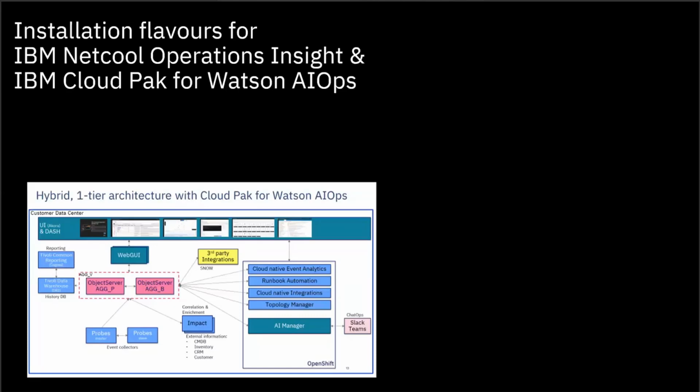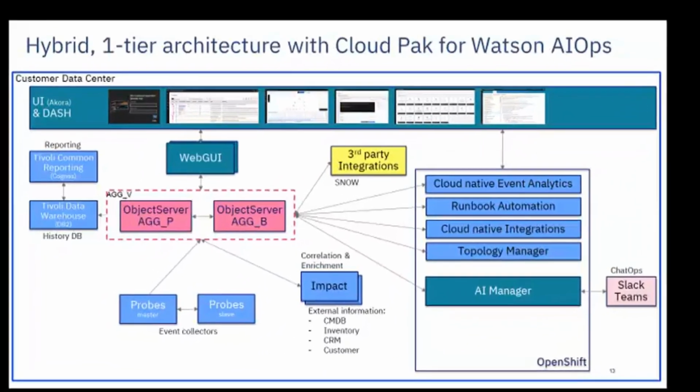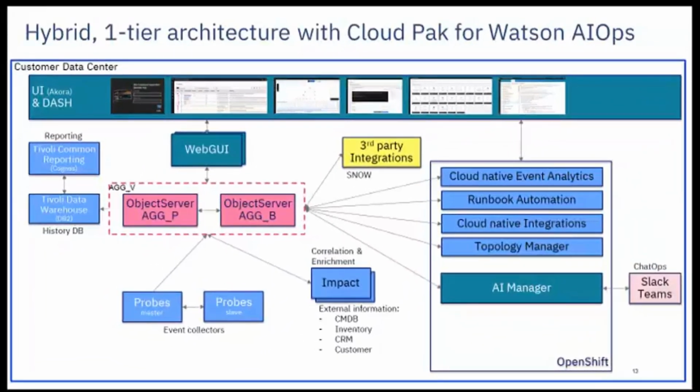Today we have a very specific setup, which is a subset of possible architectures. One of the possible architectures is the hybrid architecture. What you can see here is the most common installation in our customer base. This is a hybrid one-tier or multi-tier architecture. The one-tier architecture is because we just have a single pair of object servers.